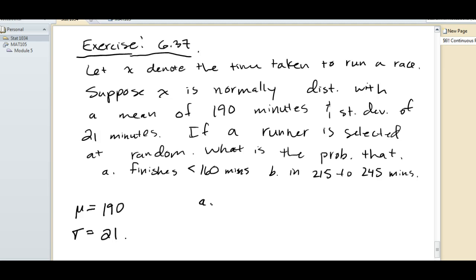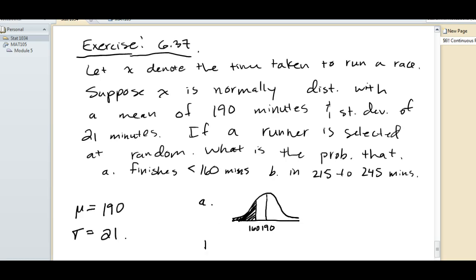So part A, we just want to figure out what is the probability that they finish in less than 160 minutes? So this is 160, we're looking for this part. So basically we're looking for the fast runners, because half of them finish slower than 190.